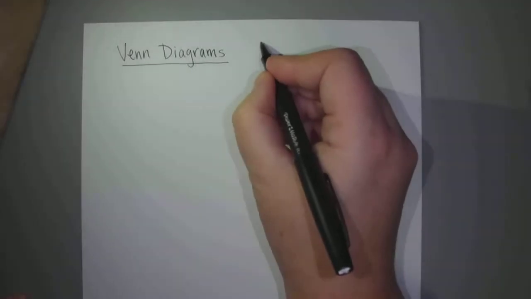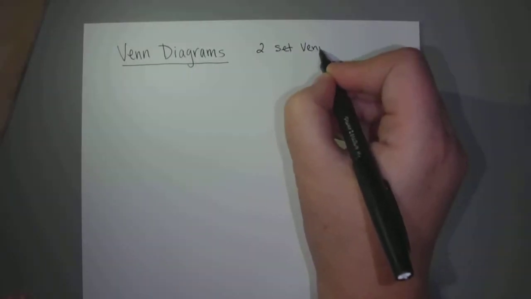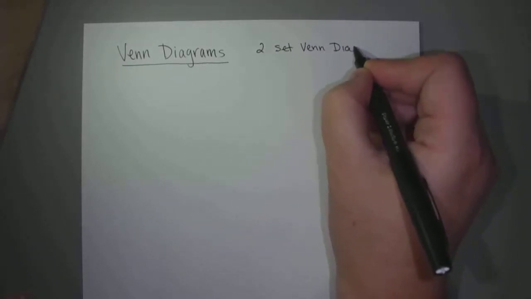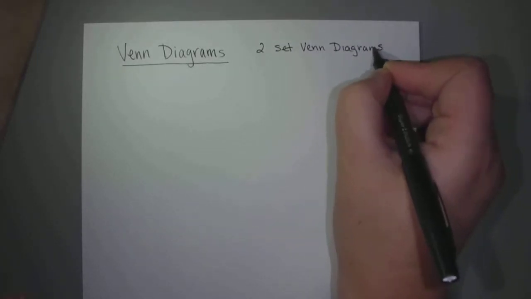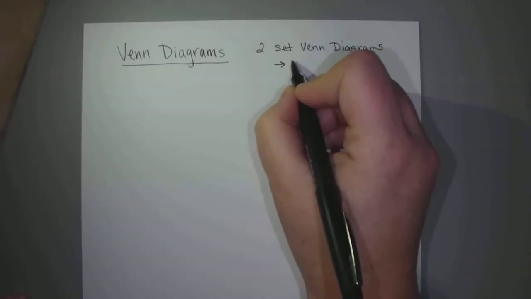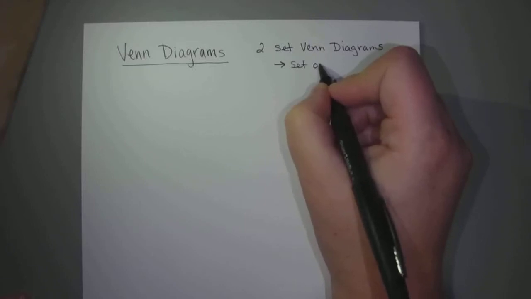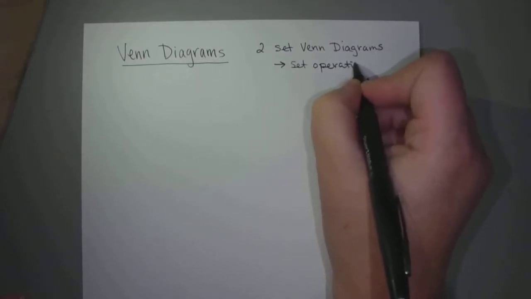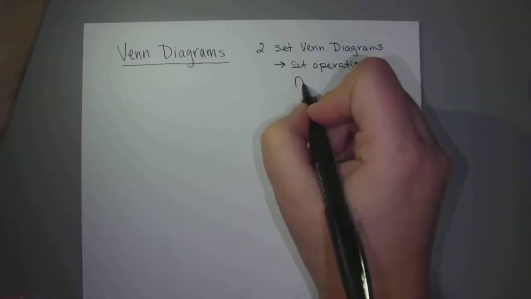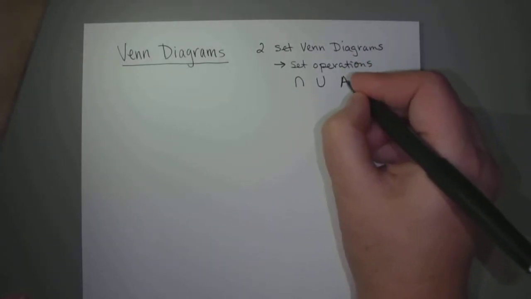Okay, so we're going to look at Venn diagrams for a few minutes. We're going to first look at two set Venn diagrams. And within that we will see set operations, which are intersection, union, and complement.